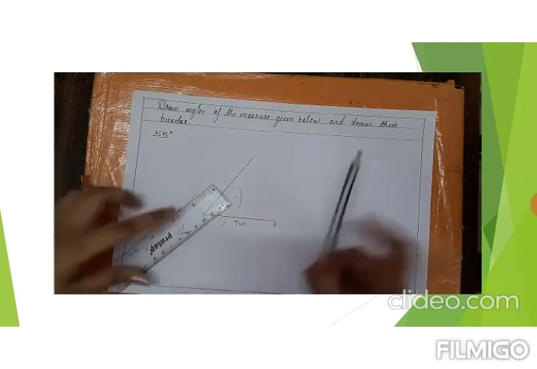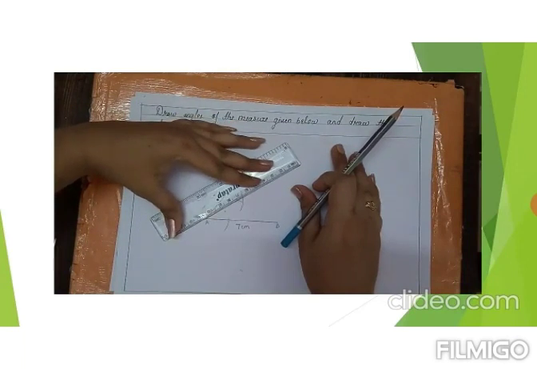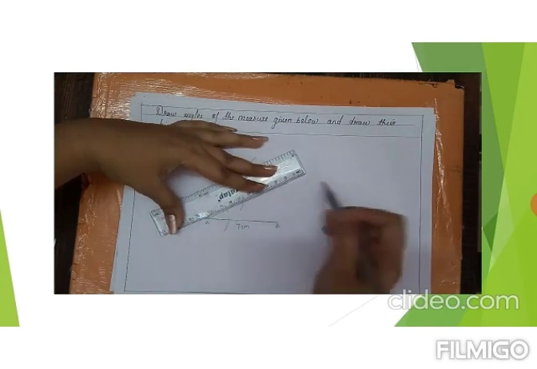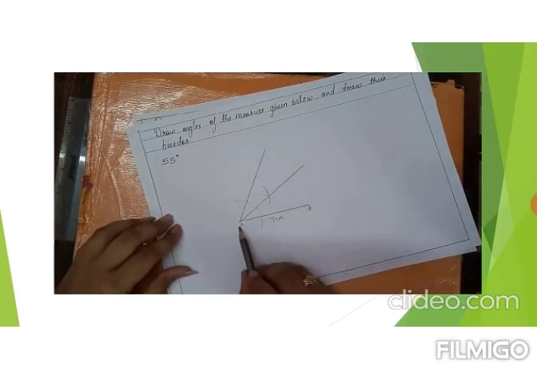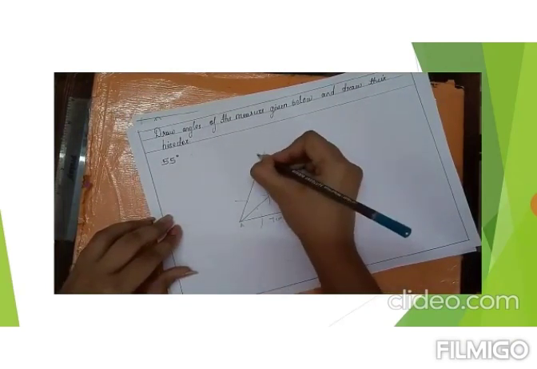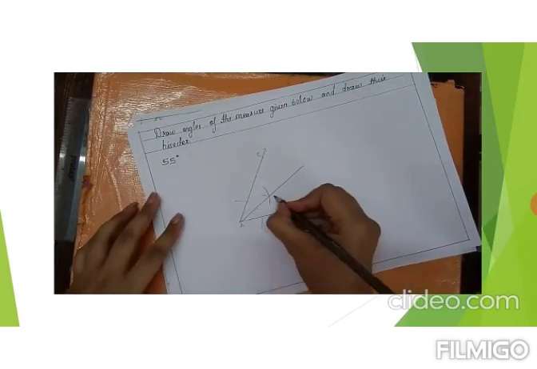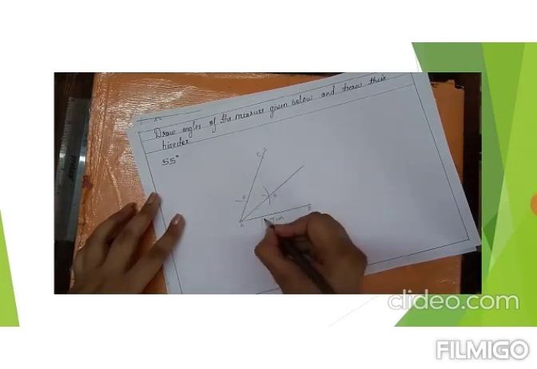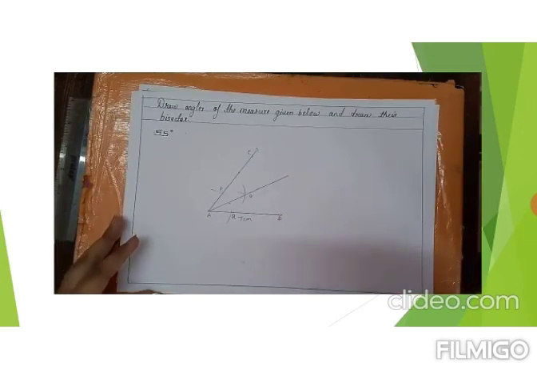Now you have to draw the straight line passing through this arc from vertex A. Now our angle bisector is drawn. You can give the names A, B, and this will be C. Give the name O to the intersecting arcs, and this will be P, and this will be Q. Now our angle bisector is done.